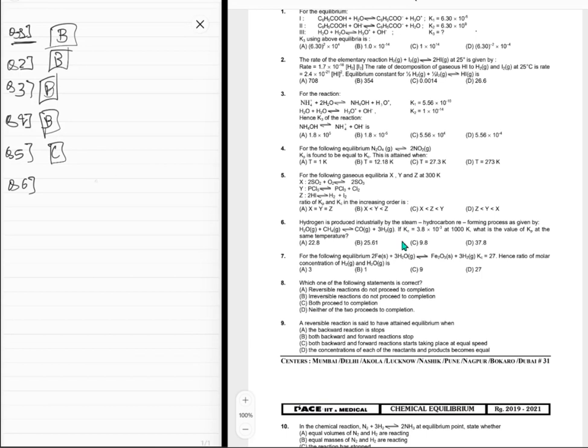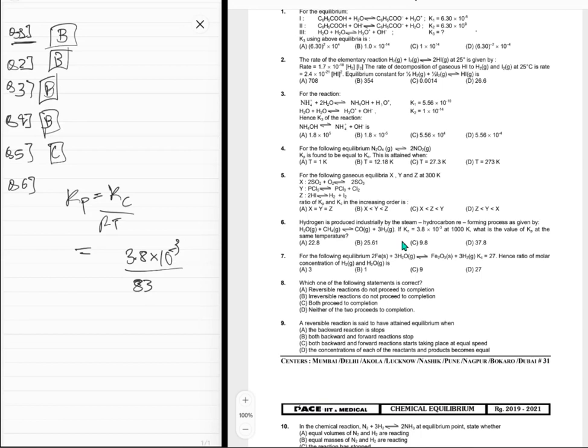Kp will just be Kc times RT to the power of -1, so like upon RT. And at temperature what? At 1000 Kelvin. Okay, what is Kc? Kc is just 3.8 into 10 power -3 upon 1000 into 0.083. That would just be 83, I think. How is this related to that?